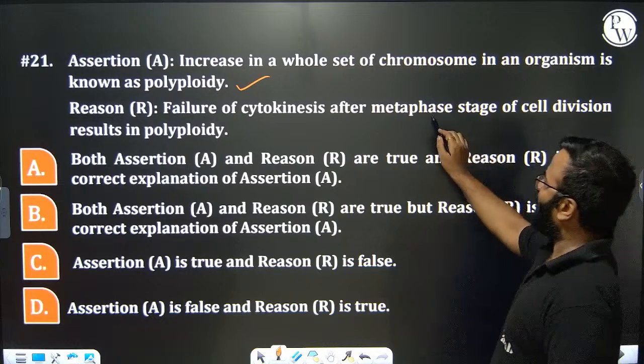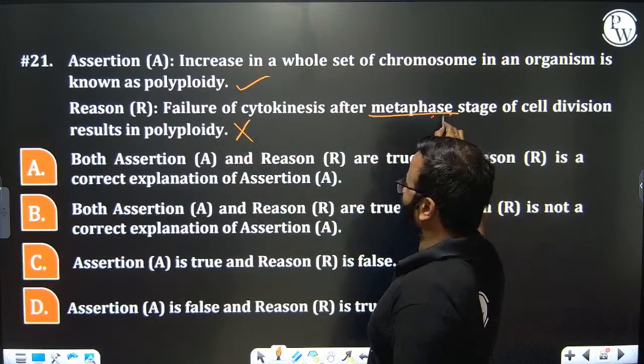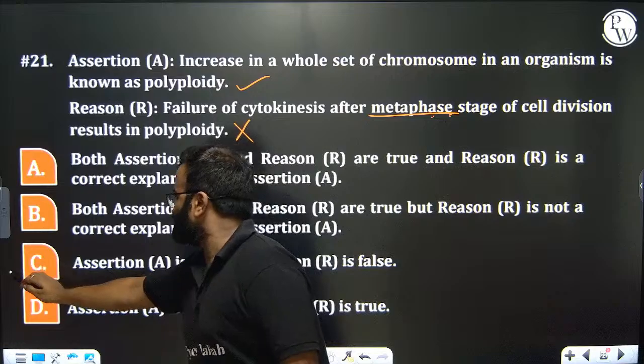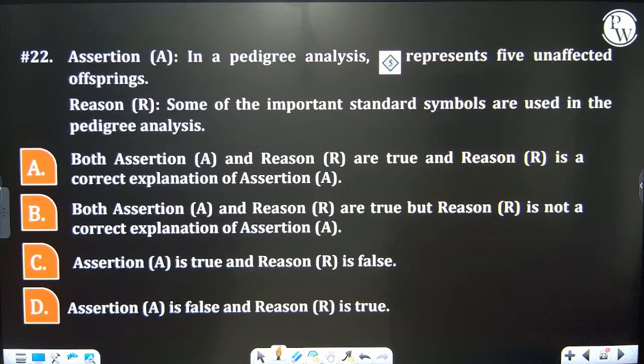No, it is anaphase, right? So this is false. I would go with C as the answer. Assertion is true and the reason is false because it is anaphase. If anaphase is not properly done, then it will be a problem. Next.